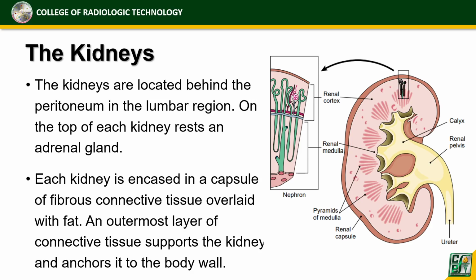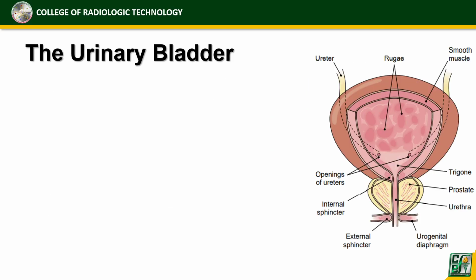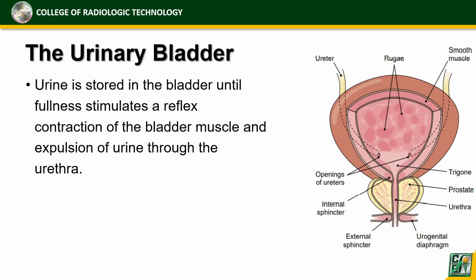So we have two root words for kidneys. We have nephro and reno. Then we have the urinary bladder. The urinary bladder serves as temporary storage of the urine until the expulsion from the bladder outside.